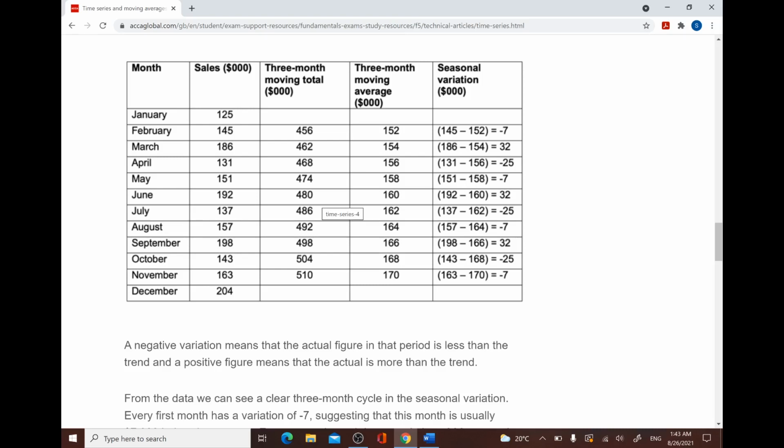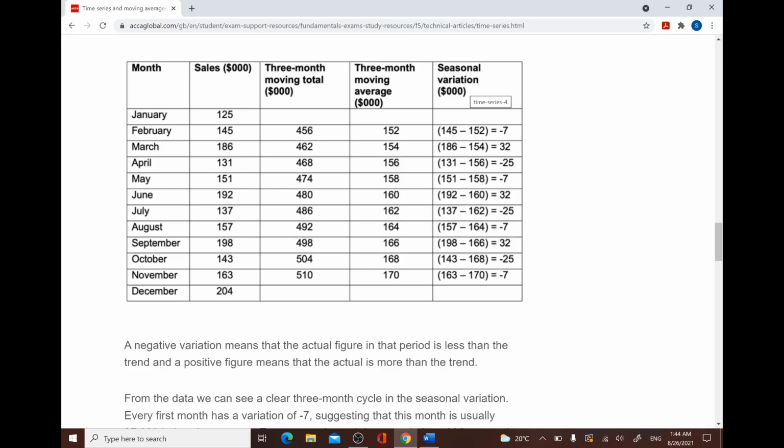You agree? So in order to use the additive model, the seasonal variation here means you take this Y, the sales, and minus off the trend. Okay, so apparently this actual sales is lower than the trend by 7, so it's negative 7.